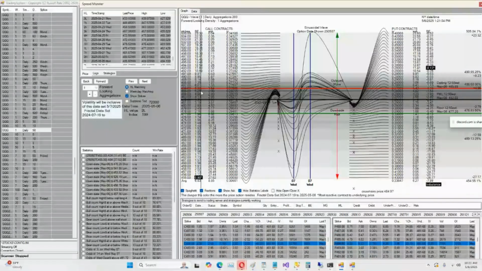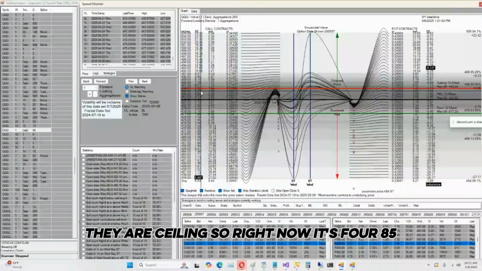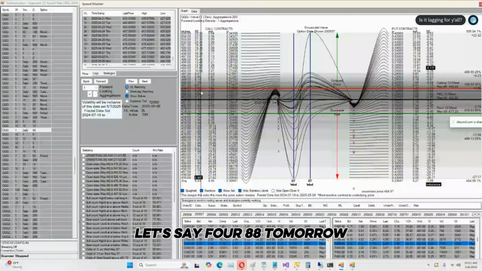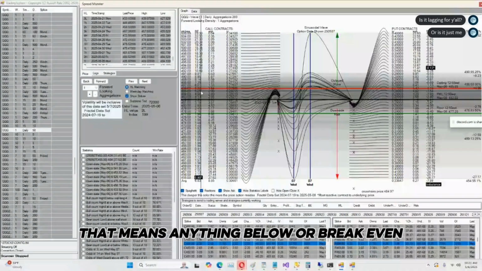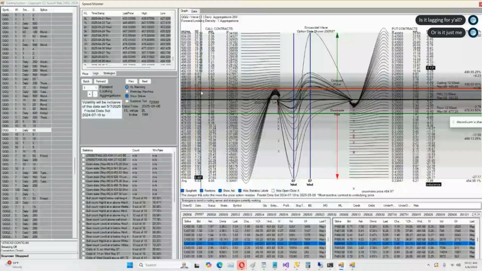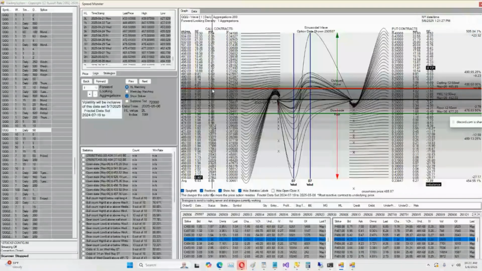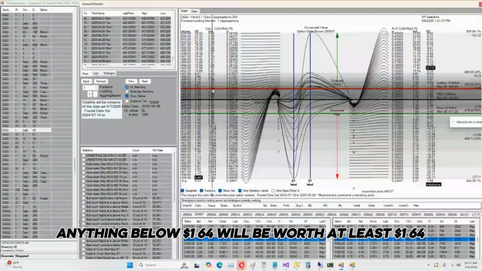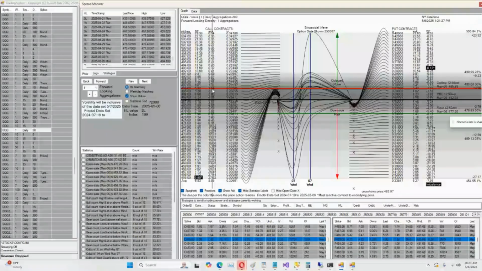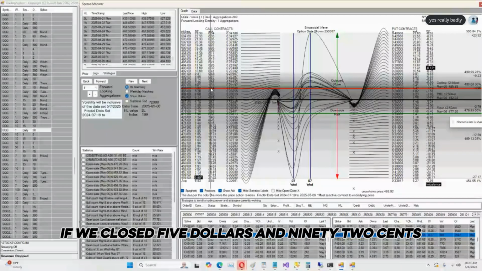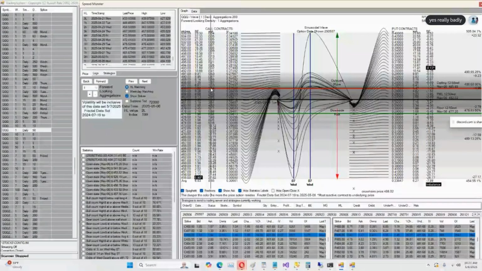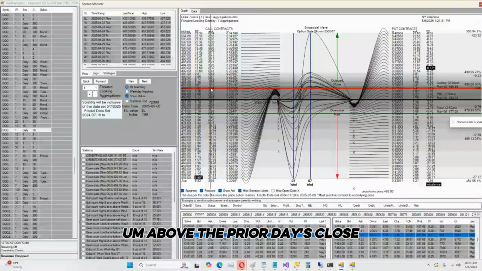That means if they are ceiling, so right now it's 485. Let's say 488 tomorrow. That means anything below, or break even $1.64, anything below will be worth at least $1.64. So that means on the pullbacks, if we closed $5.92 above the prior day's close.